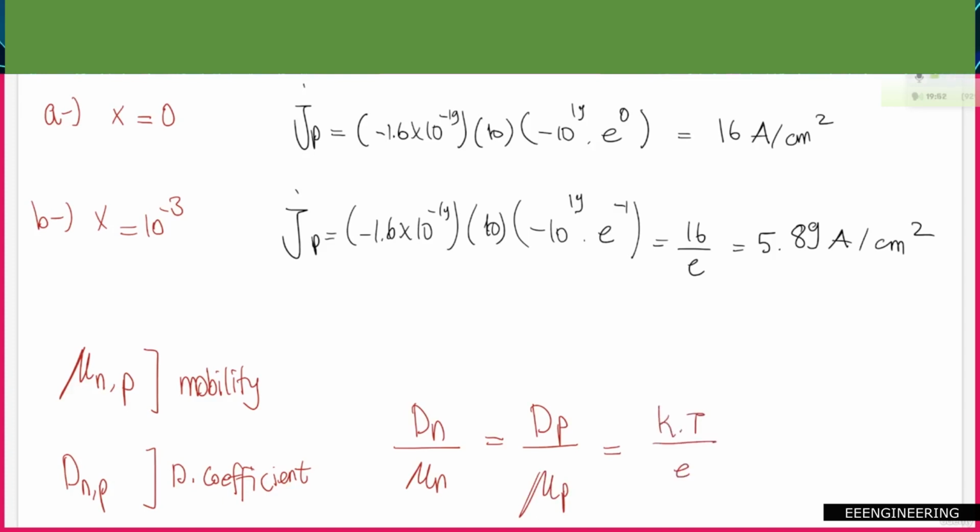Here K is the Boltzmann constant, T is temperature, and e is charge. If you pick room temperature, T equal to 300 kelvins, this ratio will be something about 0.026. So this is really important.